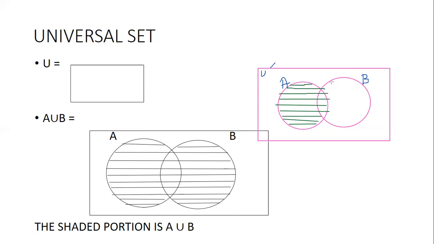And then we consider all the elements that are in B. So this is known as A union B. So when they ask you to find out A union B, you just have to shade the full A and B circles. Now did you all understand? Any doubts?